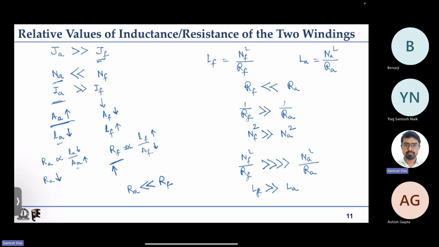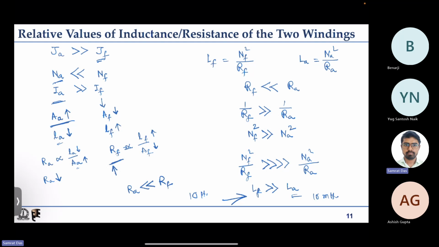Typically, if you look at some values, the field winding inductance may be a few henries or tens of henries, so it may be 10 henry. But the armature winding inductance may be only a few millihenries, so 10 millihenry, 20 millihenry, in the order of 50 millihenries, whereas the field winding inductance may go as high as henries.